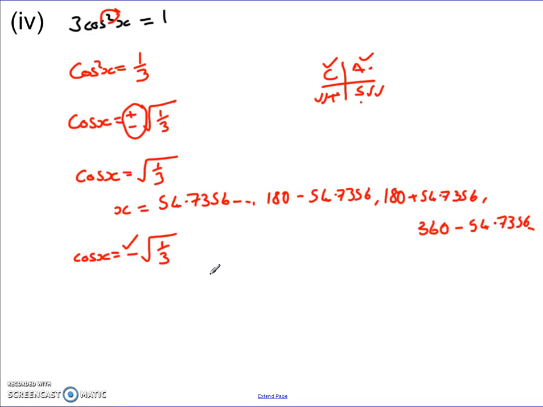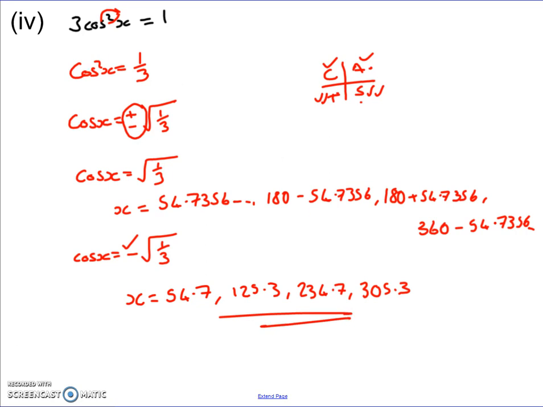Get the solutions for those and round them to one decimal place. I'd get that x equals 54.7. Second solution here, the 180 minus it would give me 125.3. Third solution here would give me 234.7. And my final solution, 360 take it away, would give me 305.3.